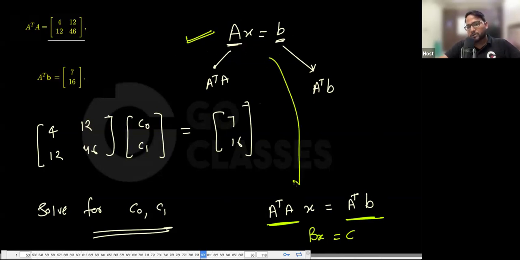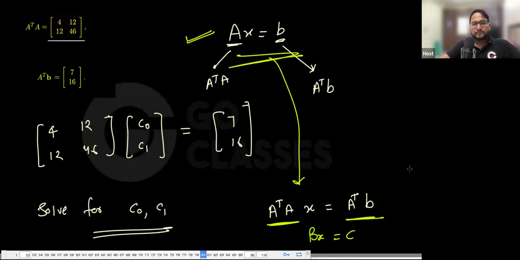You can directly solve for this. If the above one is solvable, here also you will get the same X. But if it is not solvable, I'm still saying you can solve this.